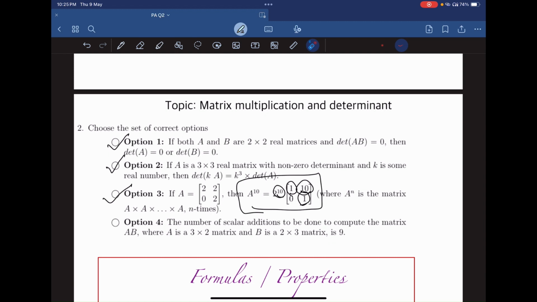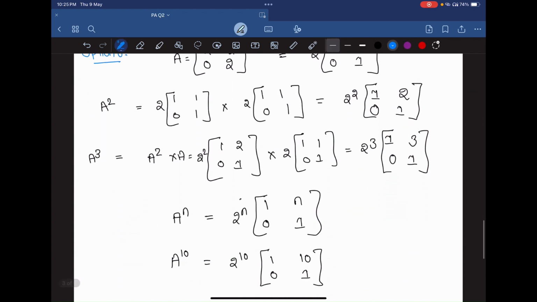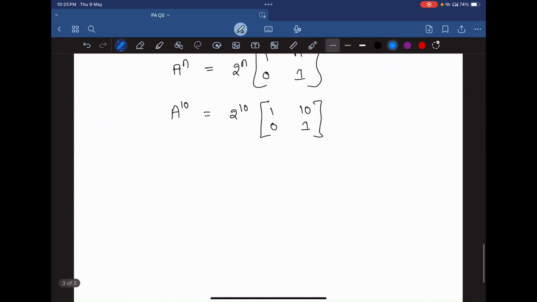Option 4 says the number of scalar additions to be done to compute the matrix AB, where A is a 3 cross 2 matrix and B is a 2 cross 3 matrix, is 9. So let's check that. We have a matrix A that is of order 3 cross 2 and matrix B that is of order 2 cross 3.